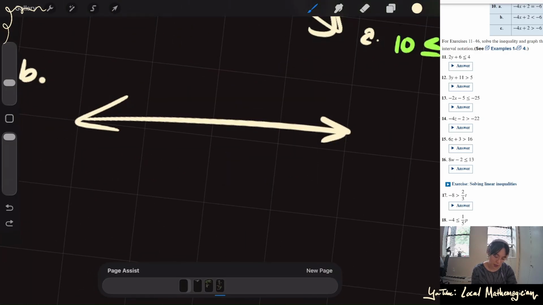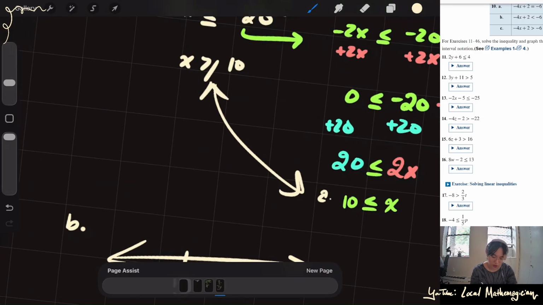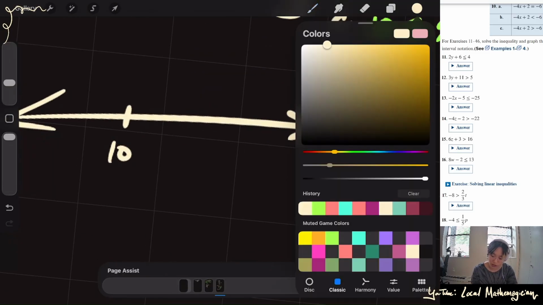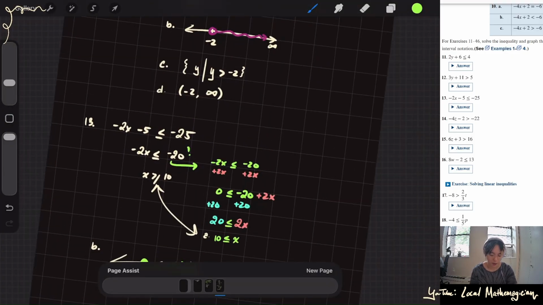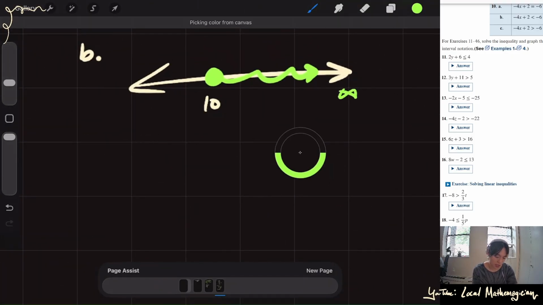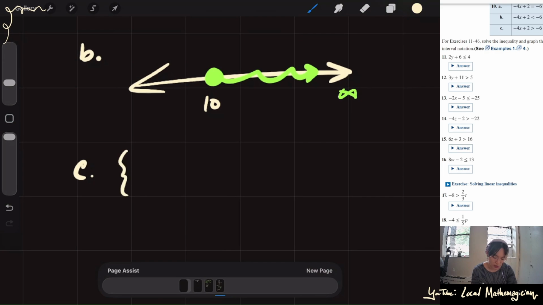Okay. So you want your 10 here. You want x to be bigger than or also equal to. So this is equal to, this is bigger than. Okay, put the infinity here. For a set builder, it's pretty easy. You just say x such that x is greater than or equal to 10.